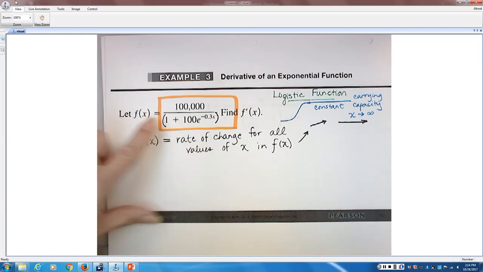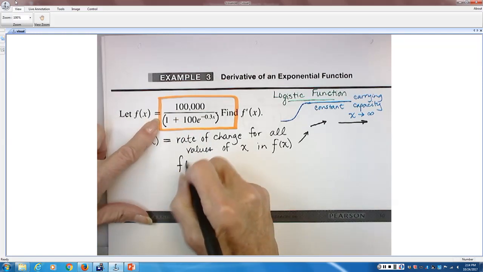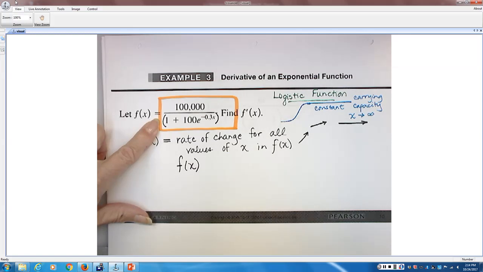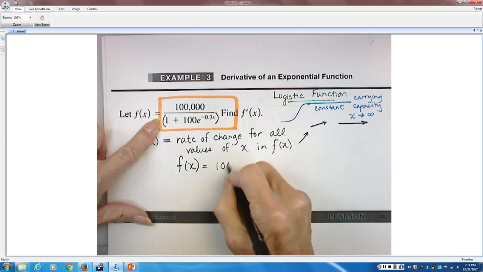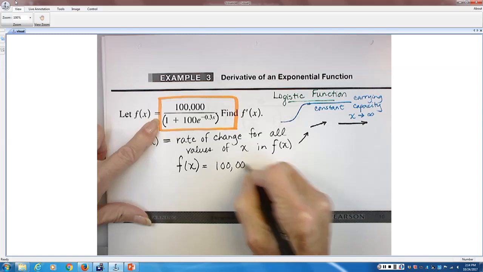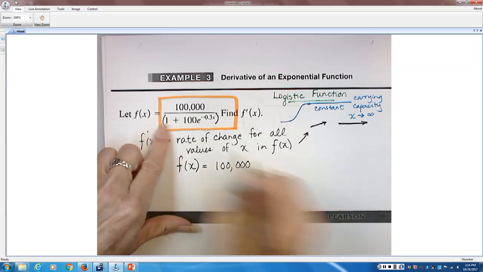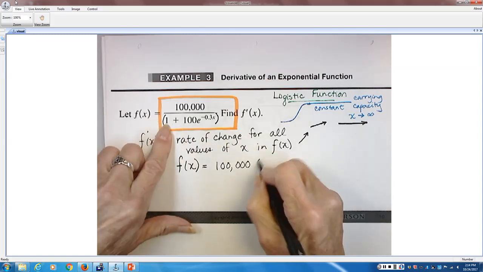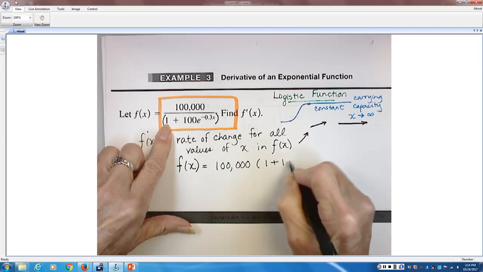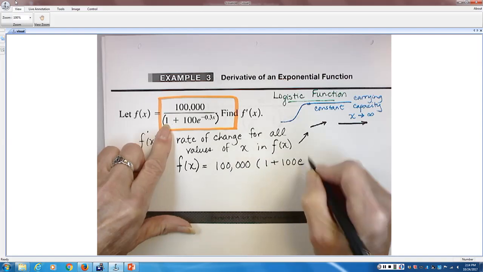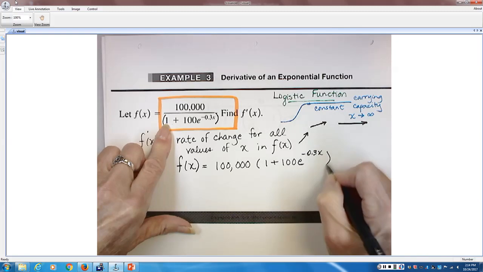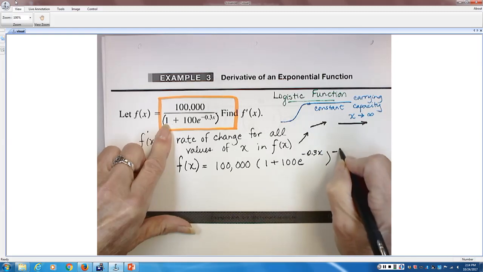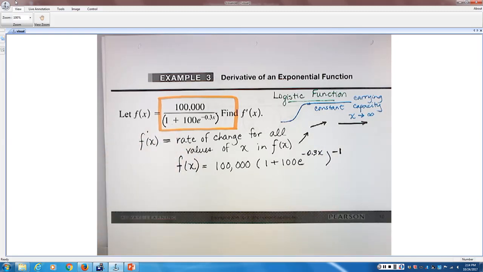So what I'm going to do is rewrite the function so that it's not a quotient. I'm going to keep the 100,000, and then I'm going to move all of this to the numerator, and give it an outside exponent of -1.